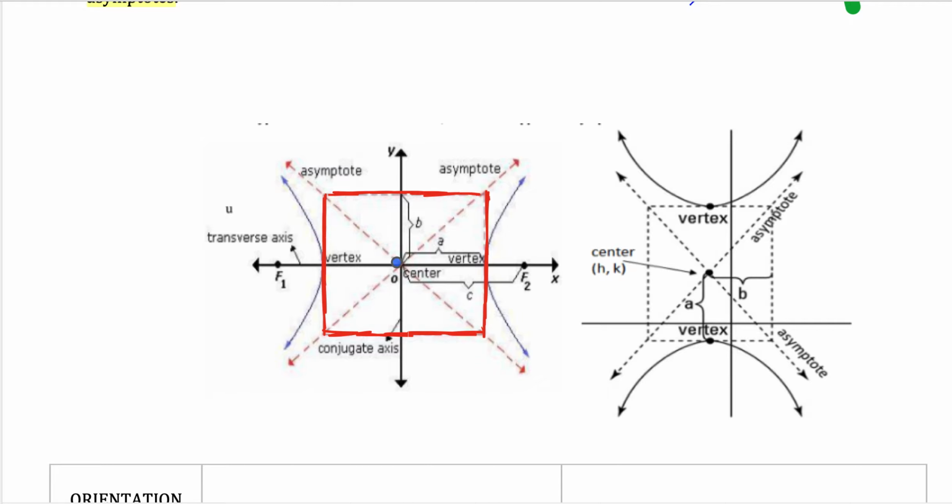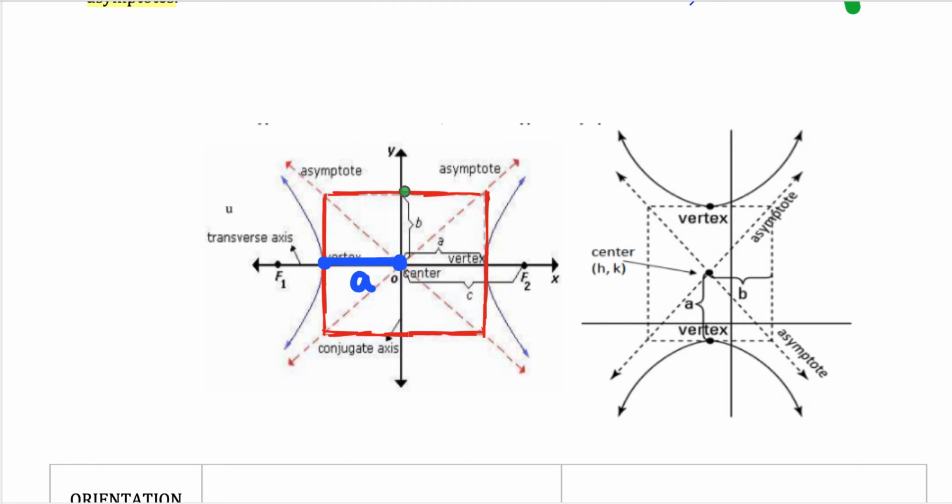Because the distance from the center to the vertex, all the vertices are on the edge of the box. So right here, this distance right here is A.